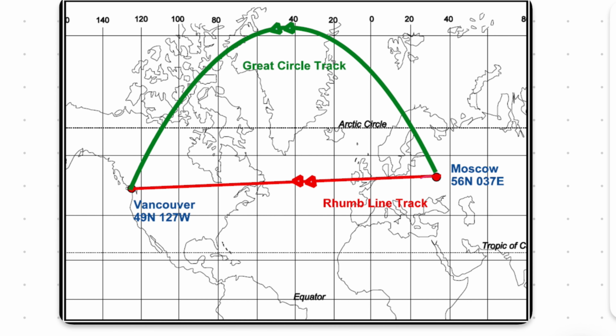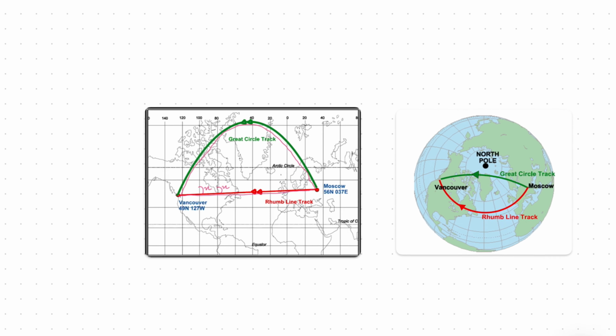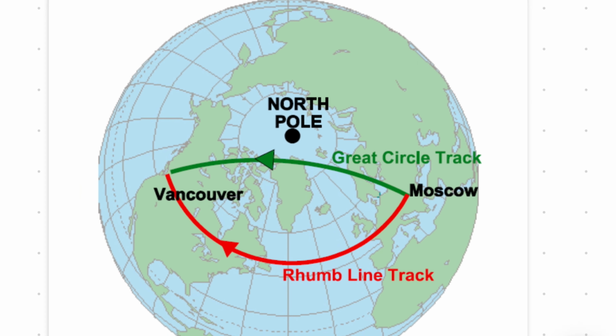Rhumb line is a constant direction line making equal angle with all the meridians or longitudes, and great circle is this path. Okay, it is the shortest distance between Moscow. You can say that it looks like a more distance, but in actual it is not, because our earth look like this.